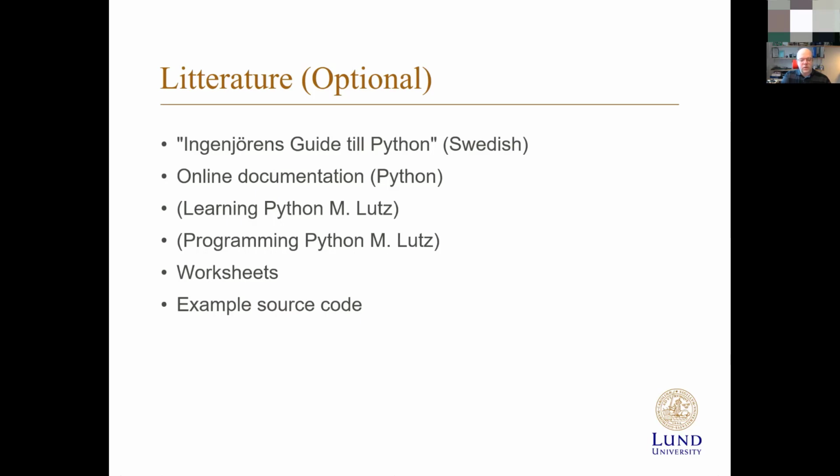The worksheets are also part of the course. And finally, you will also get a lot of example source code that you can look at yourself. So there will be a lot of examples. Most of my material for this course is available on GitHub, where you can download and use it to run your examples and try it out.